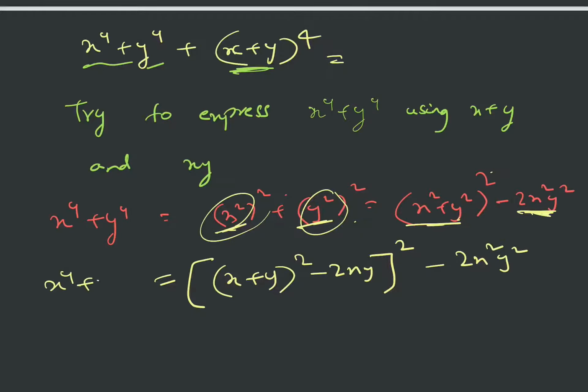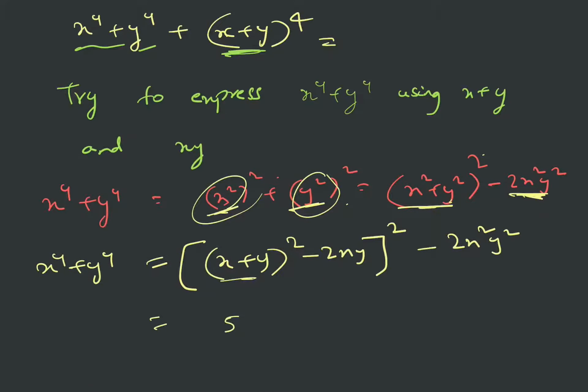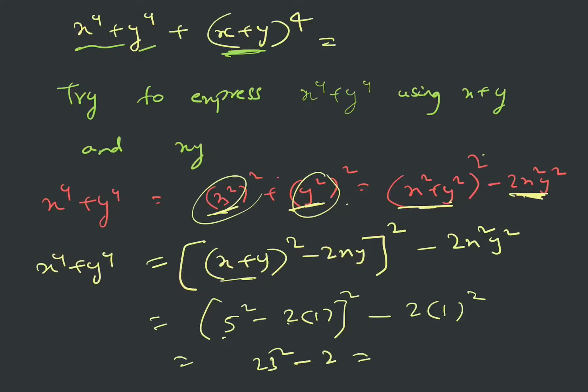So this is how you can express x power 4 plus y power 4 using x plus y and xy. So x plus y is 5 and xy is 1. So this is 5 square minus 2 into 1 whole square minus 2 into xy, which is 1, whole square. 25 minus 2 is 23 square minus 2. So 23 square is 529, right?